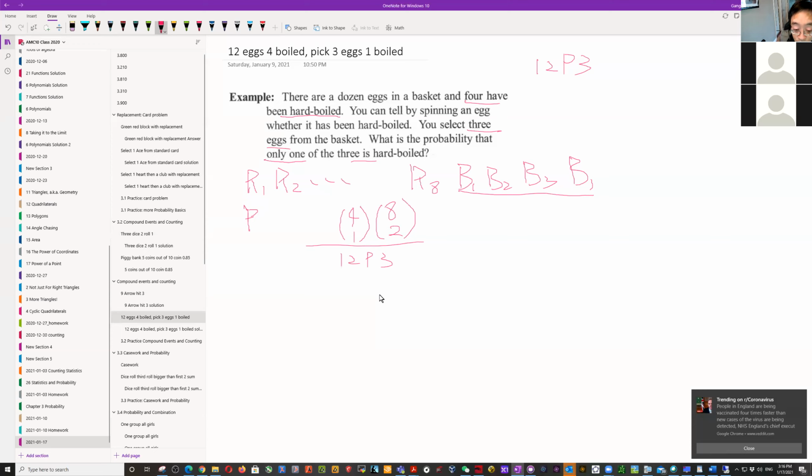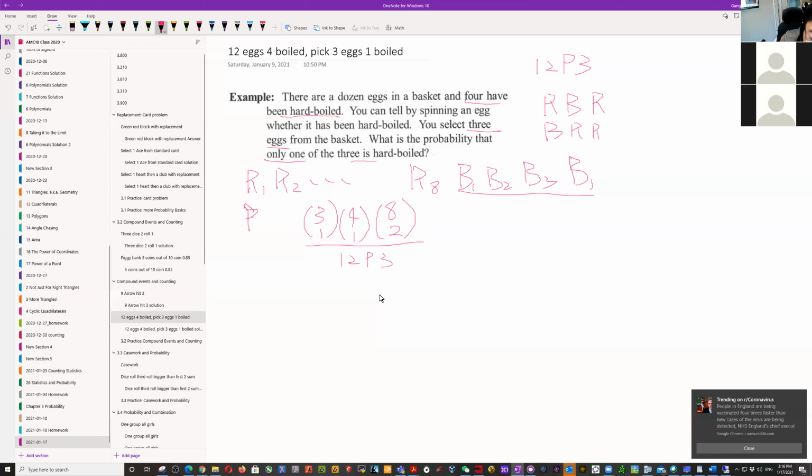And I also need to choose the position because I'm counting the ordered way, counting the ordered tuple. If the denominator is ordered, then the numerator also needs to be ordered. So I can do raw, boiled, raw, or boiled, raw, raw, and so on; these are the ways I can arrange the position of those 3. So I'm going to do 3 choose 1. That's going to be the number.